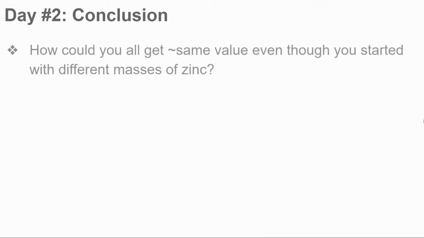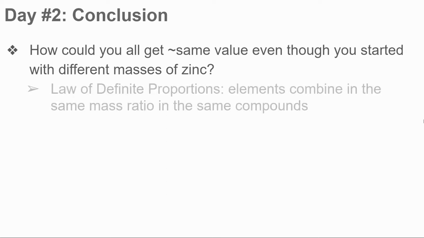So in conclusion, how could we get all the same approximate value for our empirical formula, even though we started with different masses? You might think back to the ratio with which atoms combine to form compounds. Does the ratio matter?